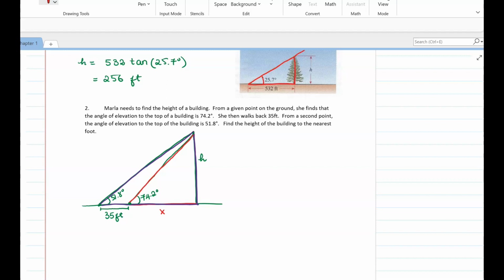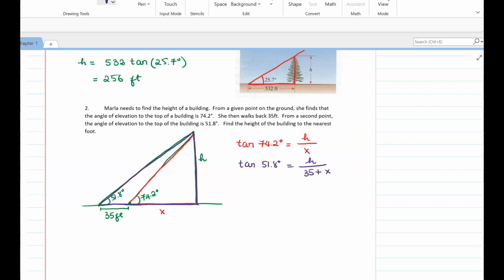Then tangent of 74.2 degrees is equal to h divided by x. In the second, larger triangle, tangent of 51.8 degrees equals h divided by 35 plus x.